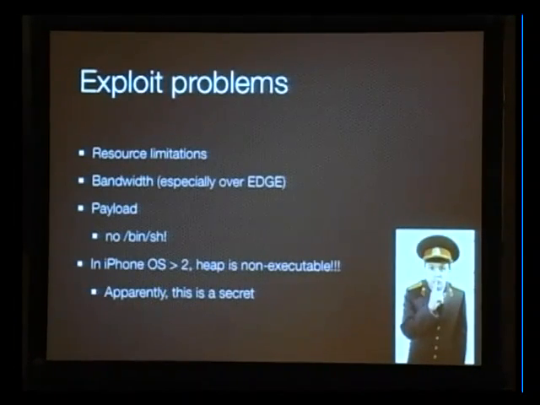But what are some problems that you run into? Say you have a Safari exploit and you want to port it over to iPhone. What kind of things can you run into? Well, one thing is there are a lot more resource limitations on iPhone, and this is what happened with the story I told you earlier, where Apple claimed that the bug I sent them wasn't vulnerable on the iPhone. It was because of this resource limitation. I wrote the exploit for Safari, and I malloc a ton of buffers and do all this other stuff.